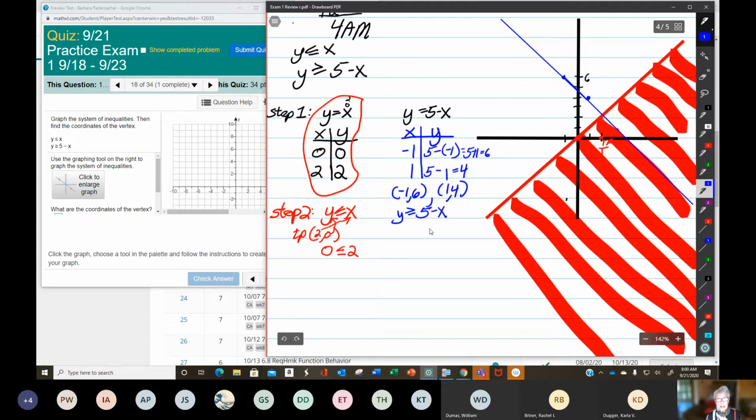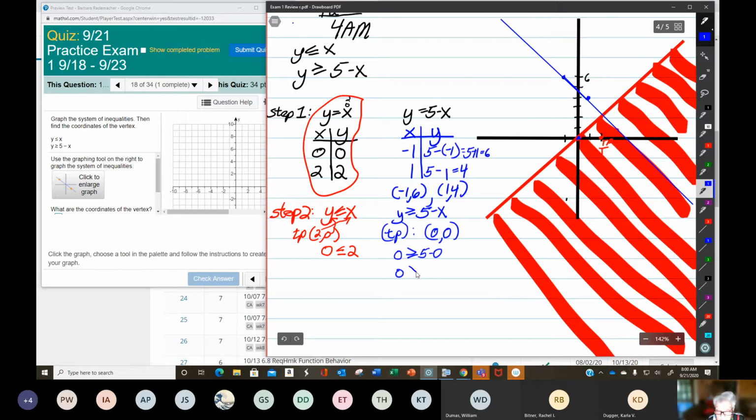So I have to choose a test point, and now I can choose my favorite test point 0, 0, because 0, 0 is not on the blue line. So if I choose test point 0, 0, then I put a 0 in for the x and a 0 in for y, and what I get is 0 is greater than or equal to 5 minus 0.